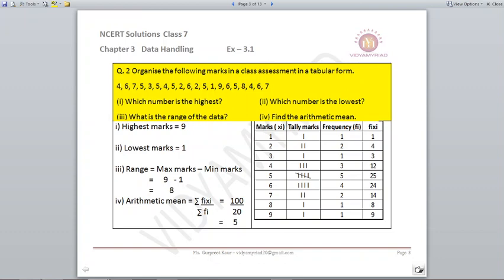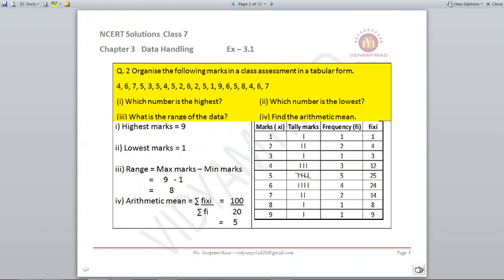If you see the frequency table, how many students got 1 mark? Only 1. That is the way it is represented. How many times have 5 marks come? 5 times. How many times have 6 marks come? 4 times. So frequency is the number of times that marks have been given.